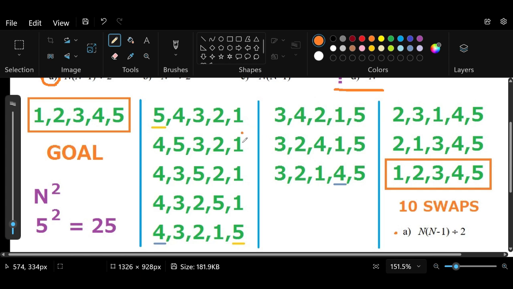And if our first element is 5, then we would need to check all the other elements until we reach the rightmost. So in this case, we would need to check if the right element is less than 5, and if we say yes, it's less than 5, then we need to do a swap.